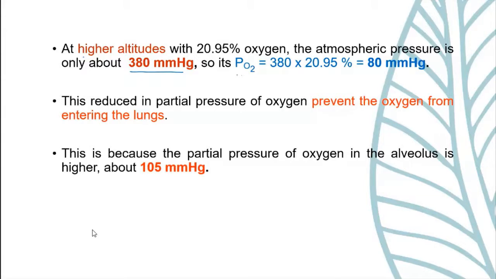Multiply the atmospheric pressure of 380 by the percentage of oxygen available, which is 20.9%, and you get a partial pressure of oxygen of about 80, compared to 105 in the lung.